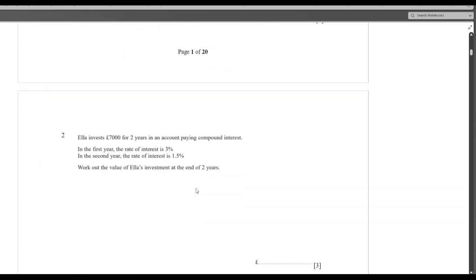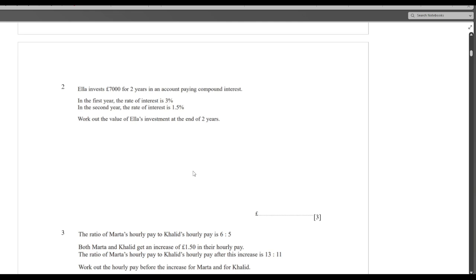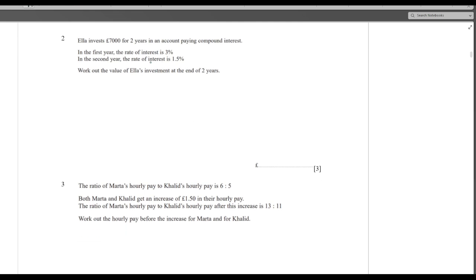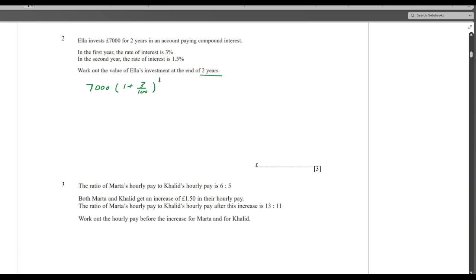Second question. Ila invests 7,000 for 2 years in an account paying compound interest. In the first year, the rate of interest is 3. In the second year, the rate of interest is 1.5. Work out the value of Ila's investment at the end of 2 years. So at the end of 2 years, your investment will be 7,000 times 1 plus 3 divided by 100, power 1.